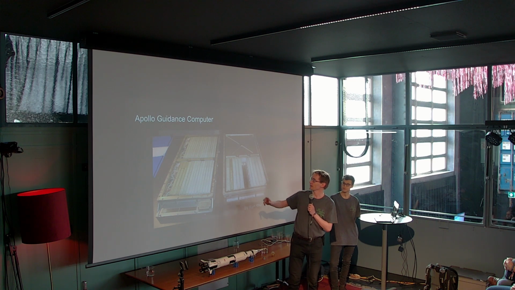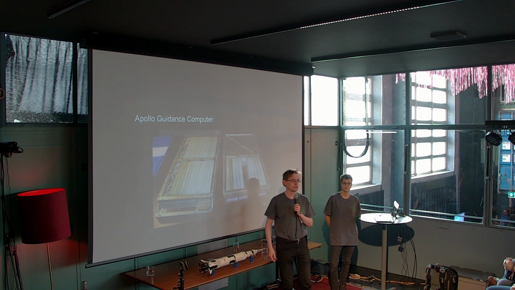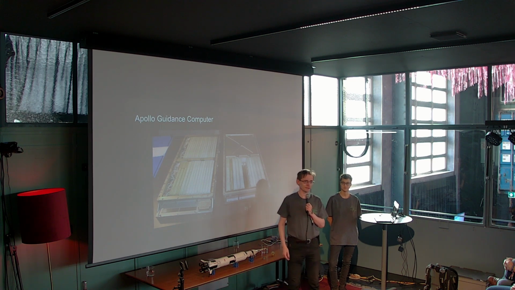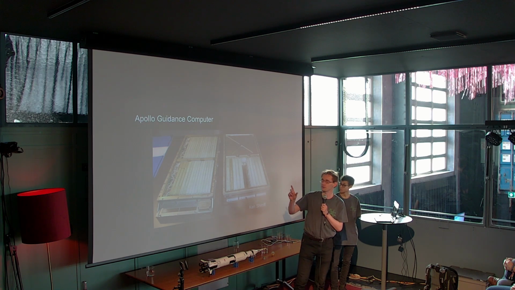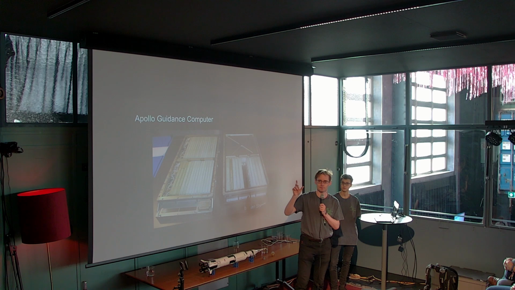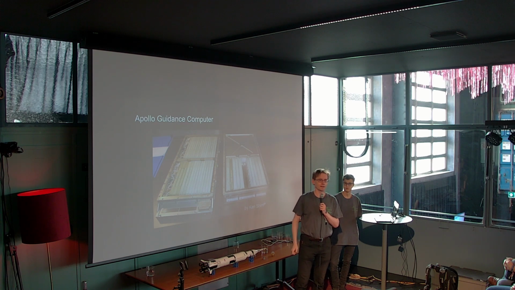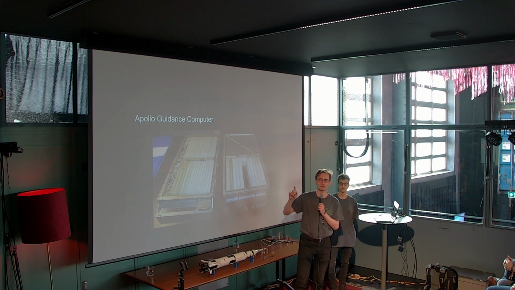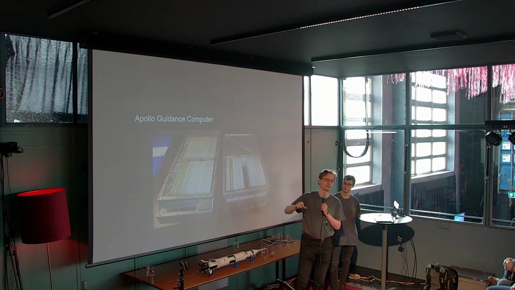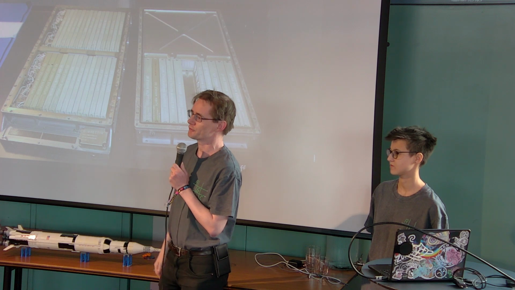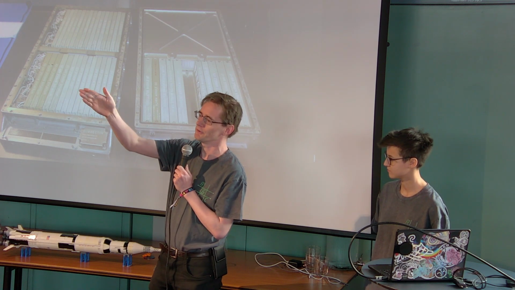Not counting the memory, it ran at 1 megahertz, which is crazy fast for the 1960s. And it had 15 bits of numeric precision. And a lot of the opcodes are designed to use that in double format, so you can get twice as many, 30 bits. And that level of precision is required if you're going to do trajectories to the moon and not miss it.